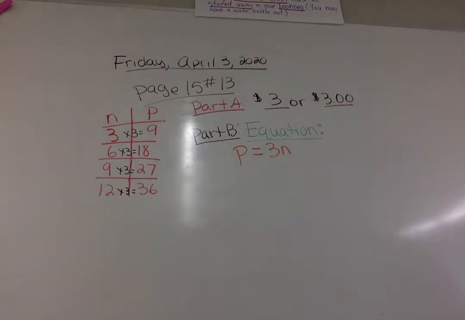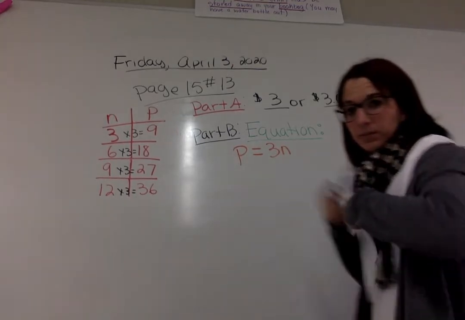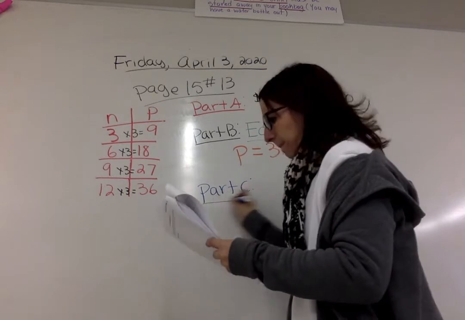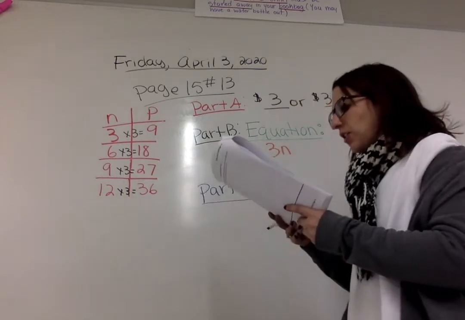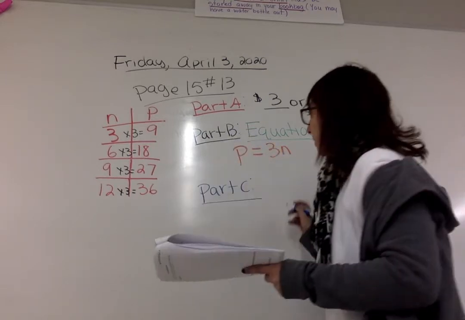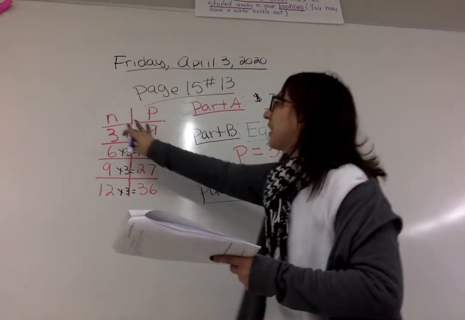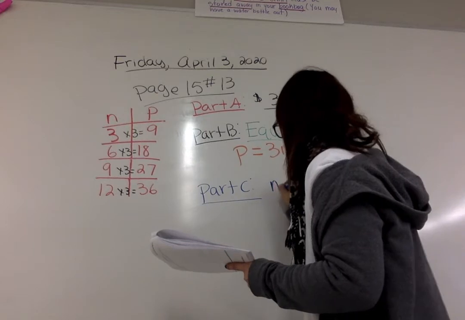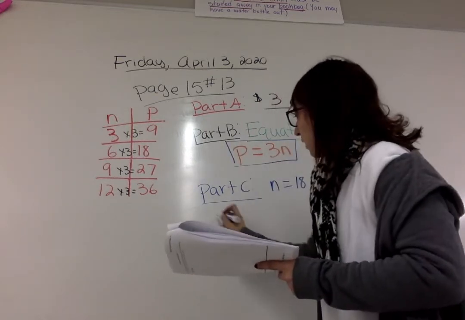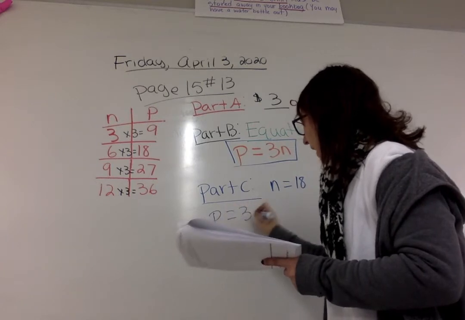Let's look at part C now. Use your equation to calculate the profit made in dollars when 18 pies are sold at the farm. So if the pies is N, I'm going to write N equals 18. This is my equation: P equals 3N.